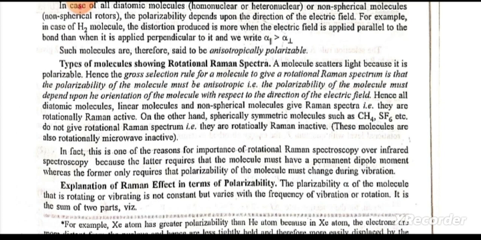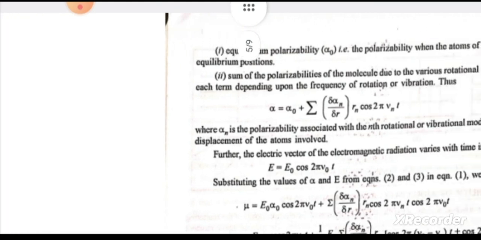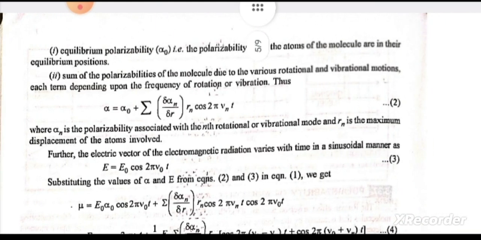The polarizability alpha of the molecule that is rotating or vibrating is not constant but varies with the frequency of vibration or rotation. It is the sum of two parts. First, the equilibrium polarizability alpha naught, that is, the polarizability when the atoms of the molecule are in the equilibrium position. Second, the sum of the polarizability of the molecule due to the various rotational and vibrational motions, each term depending upon the frequency of rotation or vibration.